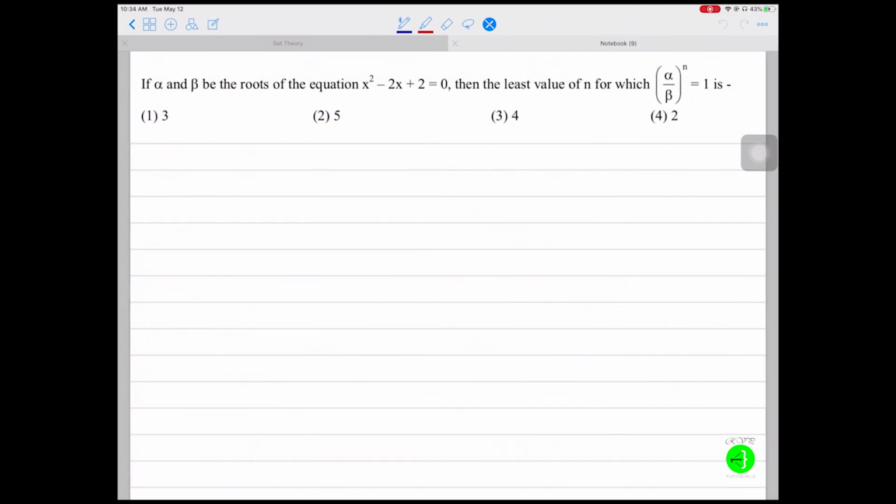Let's move on to the next question. If alpha and beta be the roots of the equation x squared minus 2x plus 2 equals 0, then the least value of n for which (alpha by beta) to the n is equal to 1 is... So we have this equation x squared minus 2x plus 2 equals 0. So we can write this as x squared minus 2x plus 1 equals negative 1. We know that this is the formula of (x minus 1) whole squared.